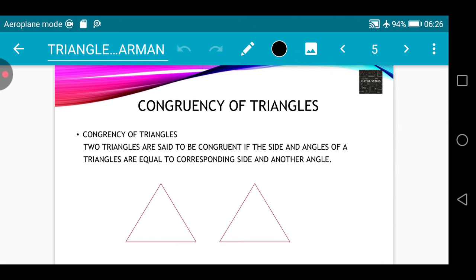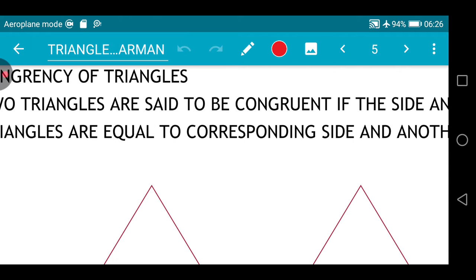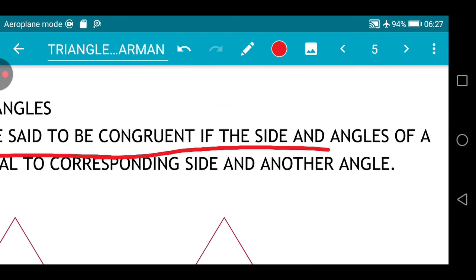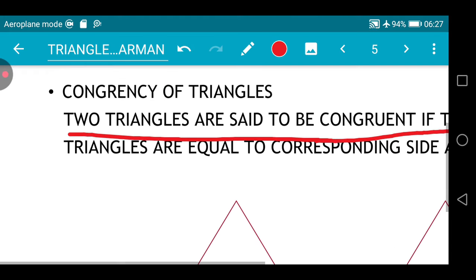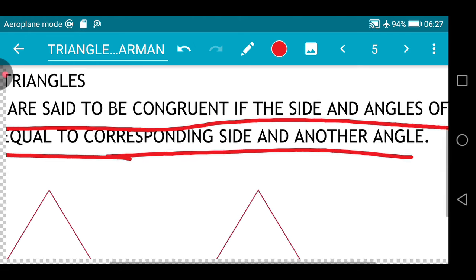Congruency of triangles. Two triangles are said to be congruent if the sides and angles of one triangle are equal to the corresponding sides and angles of another.